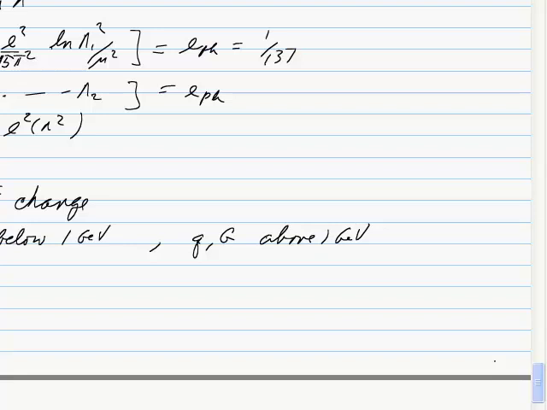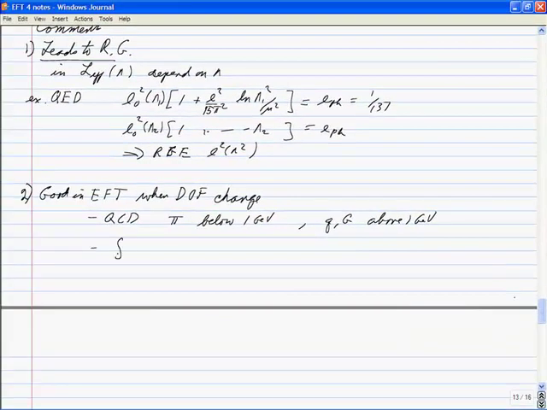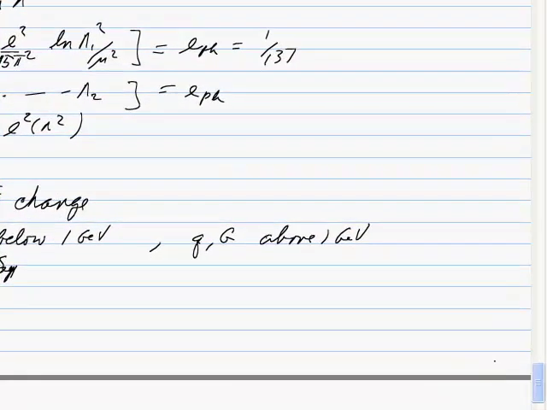So it's tempting to think of the effective theory as defined below 1 GeV. So the effective theory is defined that way, okay?